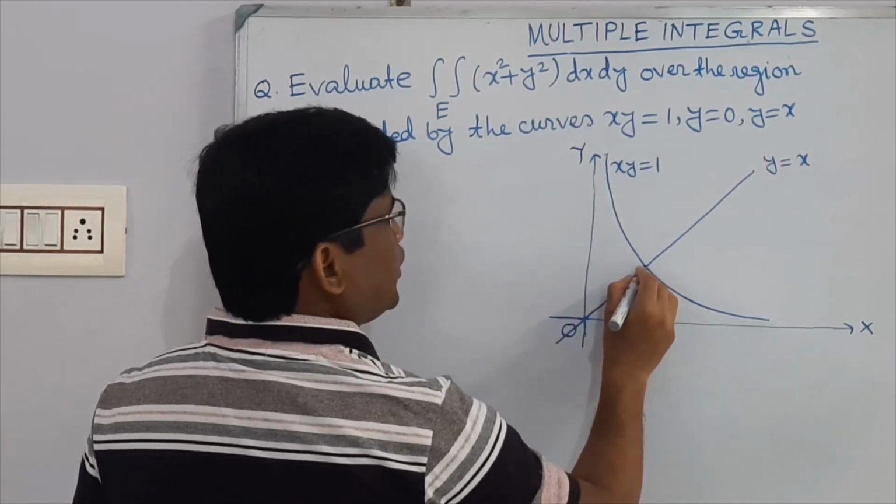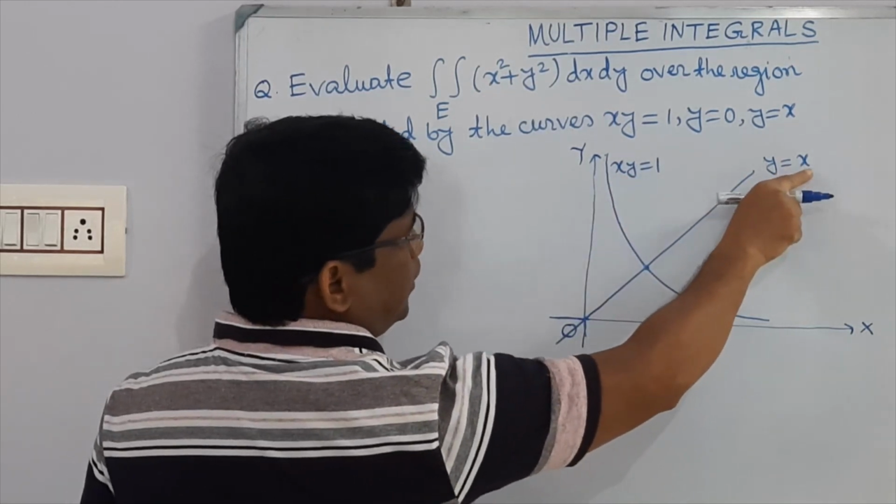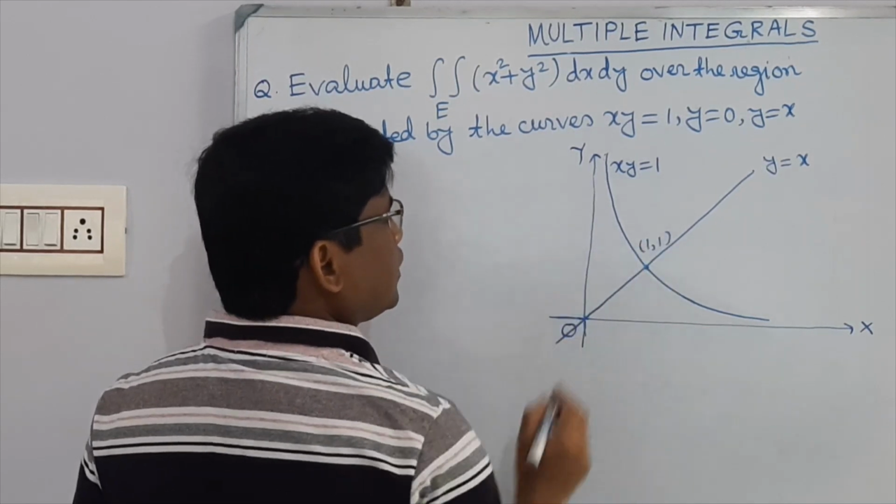The point of intersection of the curve xy is equal to 1 and y is equal to x is (1, 1).